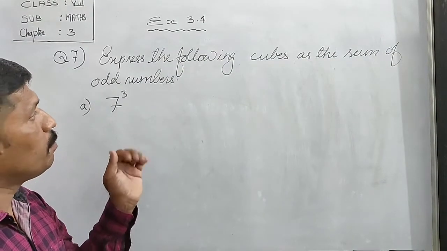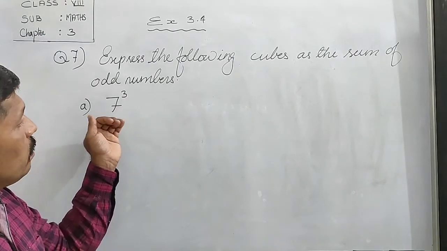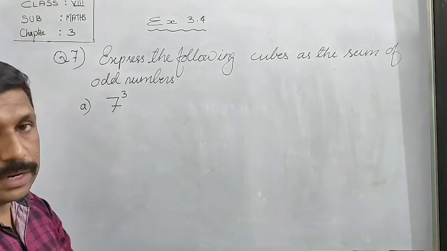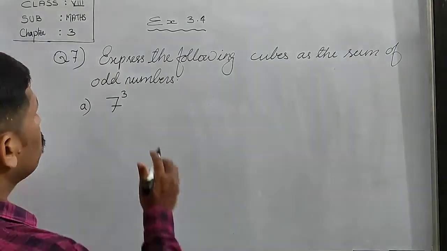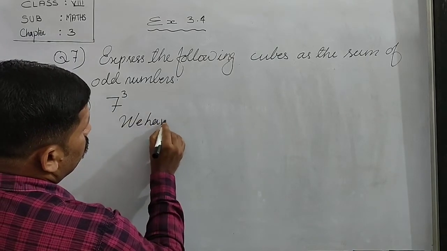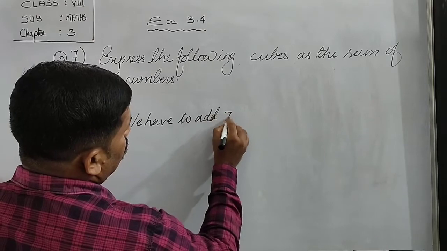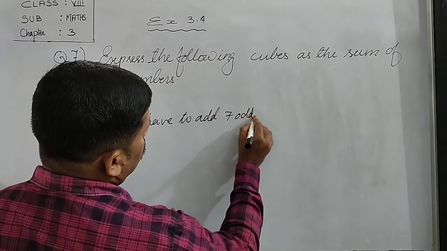So in order to find the sum of the odd numbers of 7 cube, we have to add 7 odd numbers.